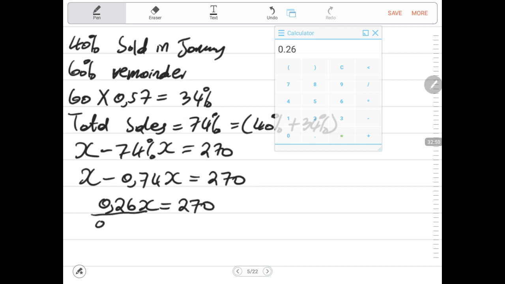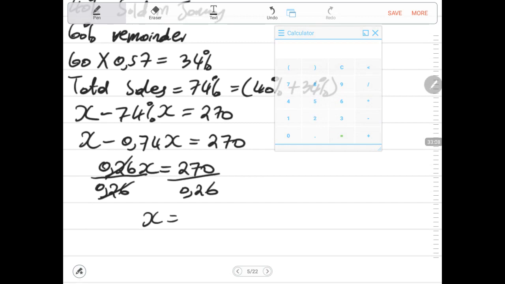We divide by 0.26, this cancels this, then x will be 270 divided by 0.26.